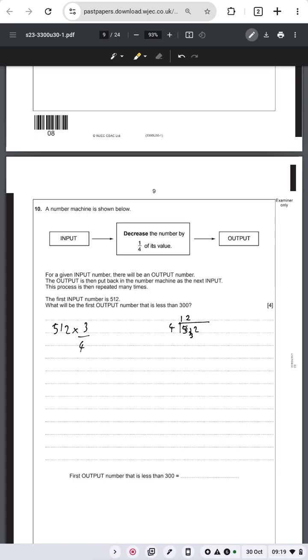And there are 8 4s in 32, so it's 128. We're then going to do 128 multiplied by 3. So 3 times 8 is 24. Carry the 2. 2 times 3 is 6, but we have to add the 2, so that gives 8. 1 times 3 is 3. So the next input value is 384.